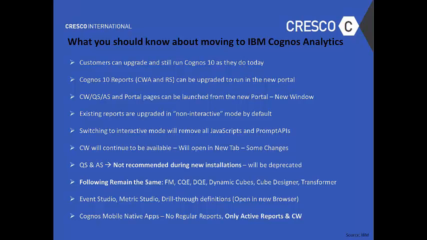So we're trying to discourage building the portal pages, and once we start getting to the demo, it'll make sense why. Existing reports are upgraded in a non-interactive mode by default. You can switch to interactive mode, but it will remove your JavaScript and any prompt APIs that you have. So just make sure you know which reports you're using to migrate.